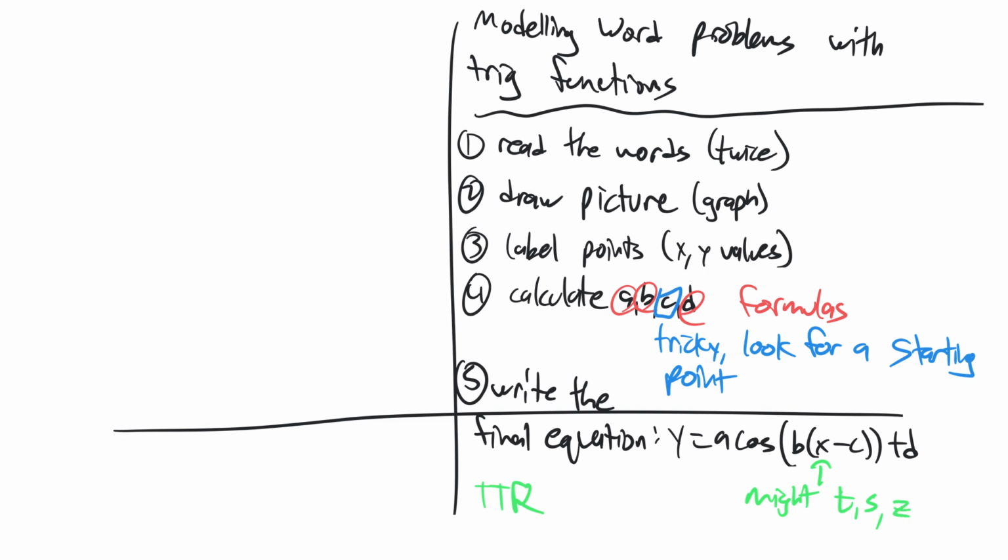Probably wouldn't be y, but it could be another variable, another letter. So you just got to watch out for that. Over here for your example, again, these are kind of long, so I don't want to write out a whole word problem for you. But just choose anything on Unit 6 worksheet 3. Go ahead and try one of those examples and you should be good to go.